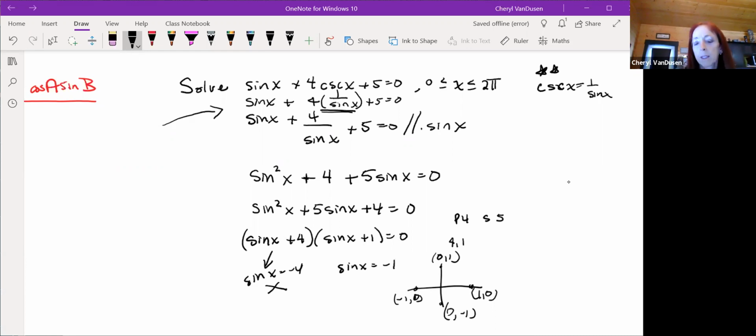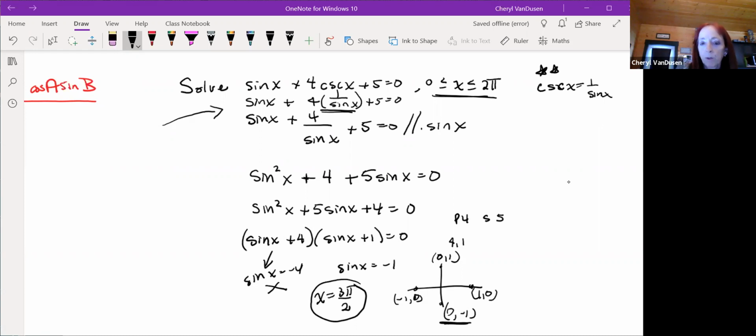Excuse me. And then the second coordinate on the unit circle is sine, which is this one down here, and that's the only one. And because we're in radians, then we're going to write that x is 3 pi over 2. And there's our final answer. And that's our only answer. Okay. For our given domain that we're given here.